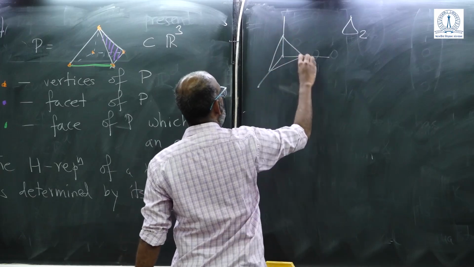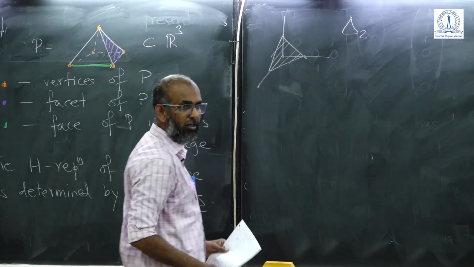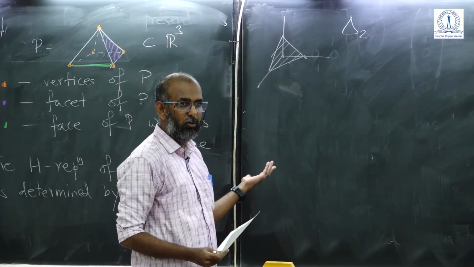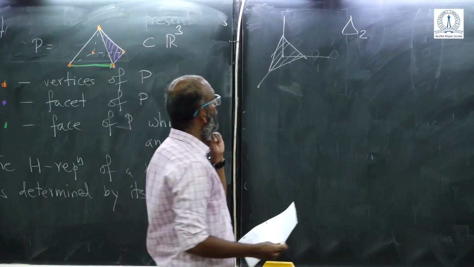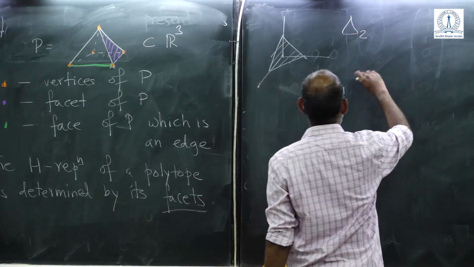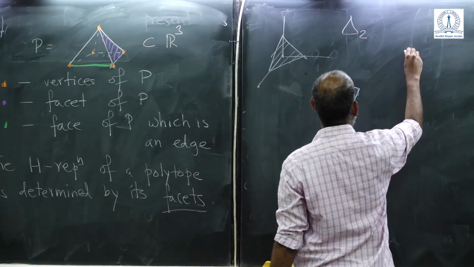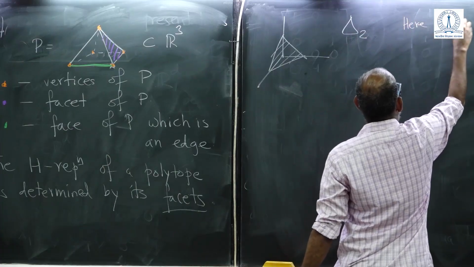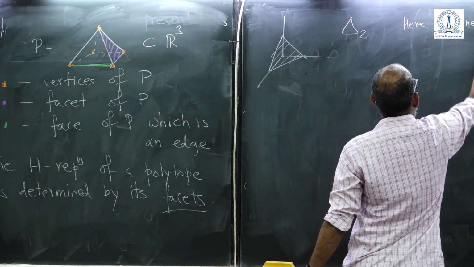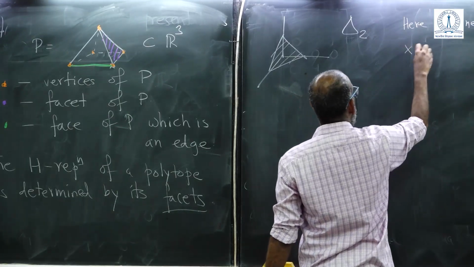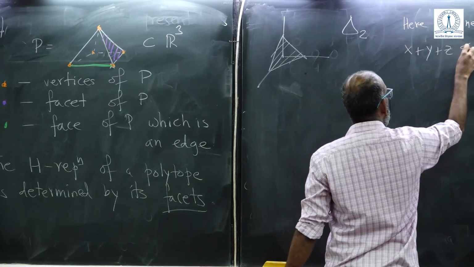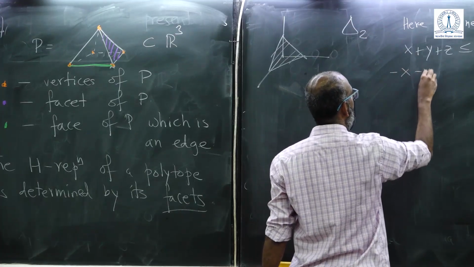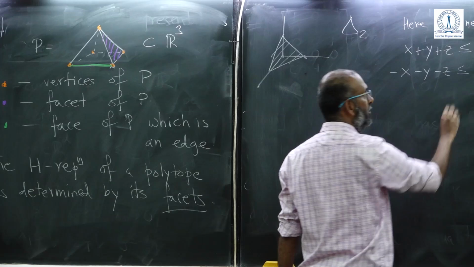So we had this. It lives in x plus y plus z equal to 1. So in the H representation we need to say x plus y plus z less than or equal to 1, and we also need to say minus x minus y minus z is less than or equal to 1.